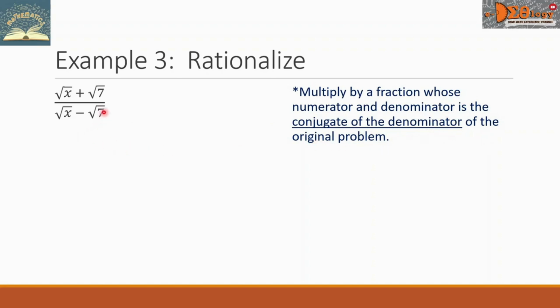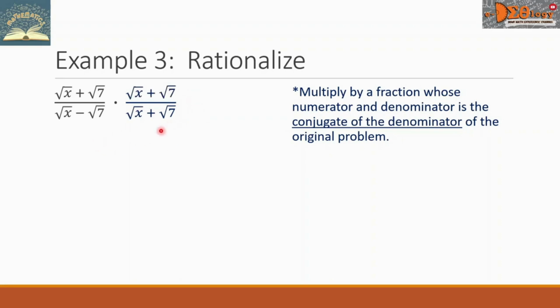We see that our denominator is square root of x minus square root of 7, and the conjugate is square root of x plus square root of 7. And this value of the conjugate we copy in the numerator.